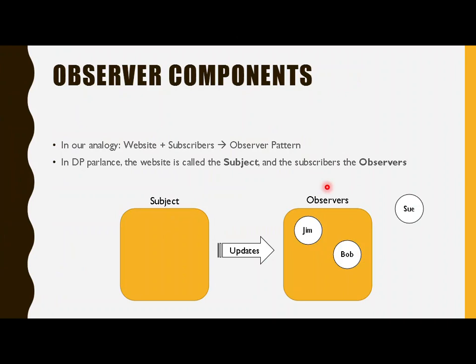And as we said before, that group of observers is dynamic. Things can come, things can go. Objects can come into the picture or go out. And then the subject, at whatever period of time makes sense, whenever something new has happened that might be of interest to observers, it sends out an update. All the observers get updated and everybody's happy.